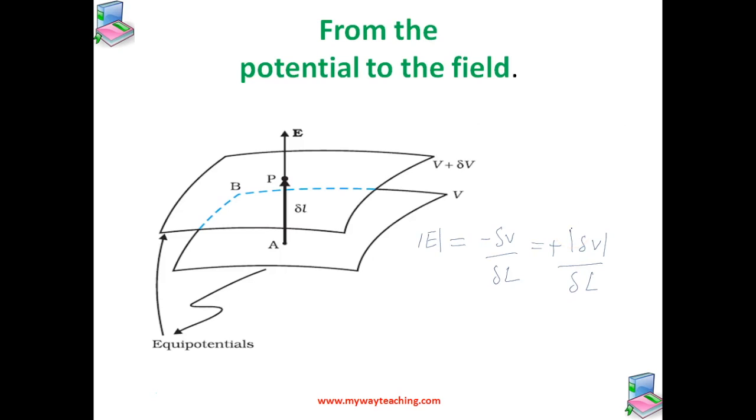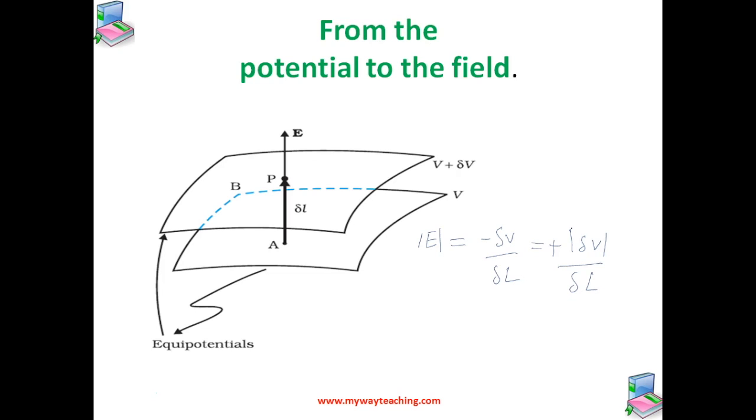So here we should consider two of the most important points in the relation between electric field and potential. First, the electric field is in the direction in which the potential decreases steepest. That's an important thing.